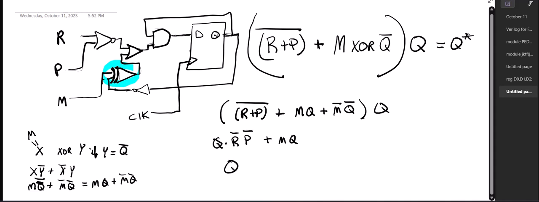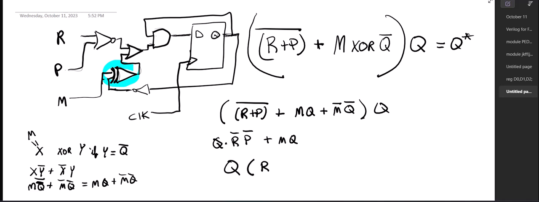And this is Q and not R, not P, or M. So that is my characteristic equation.